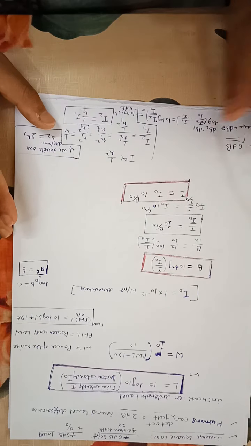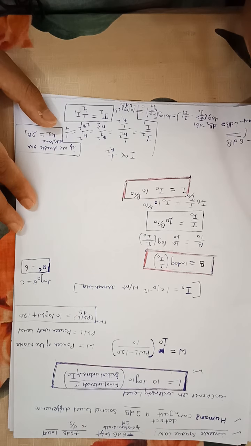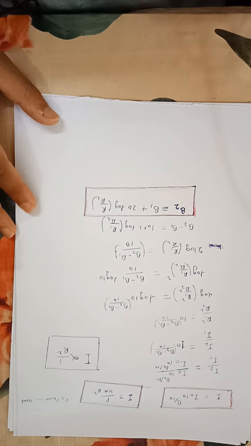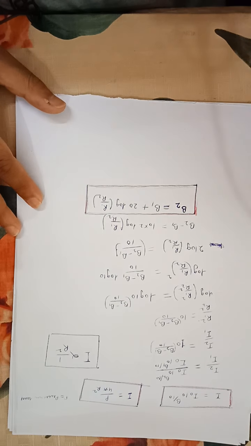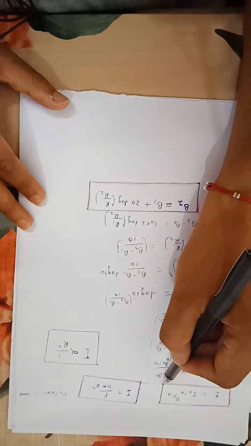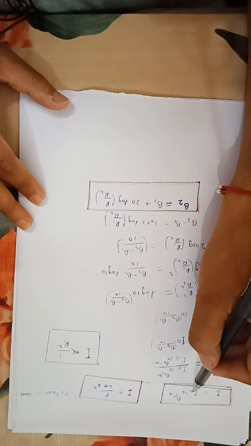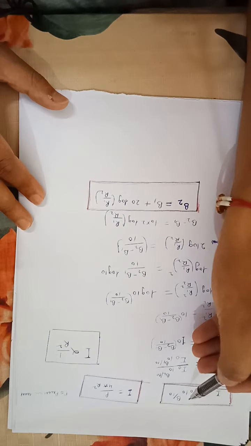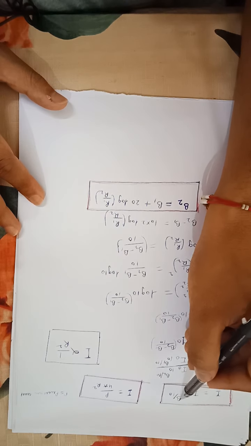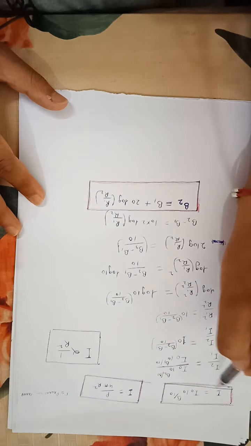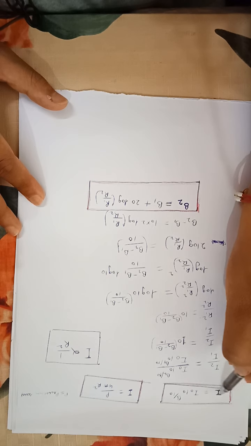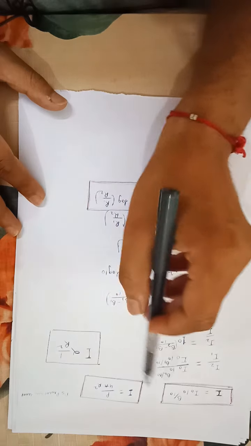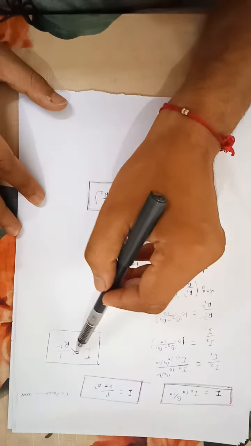This was the equation we were solving at that time, and after solving we get this intensity I is equal to I naught 10 to the power B by 10, and you can put L in place of B.